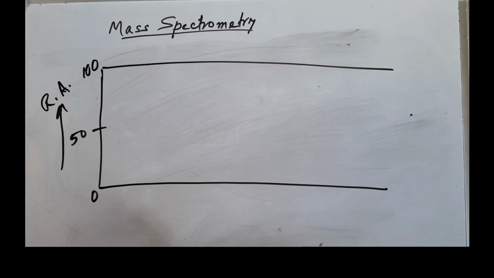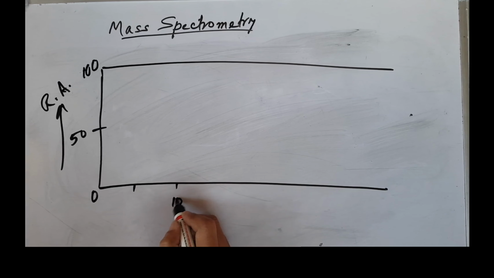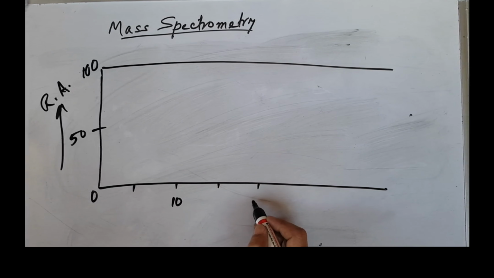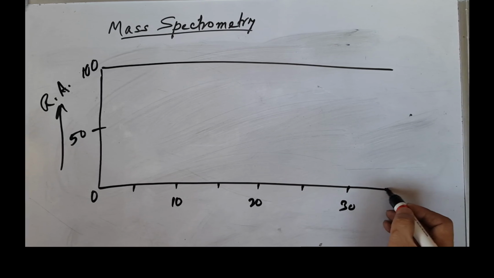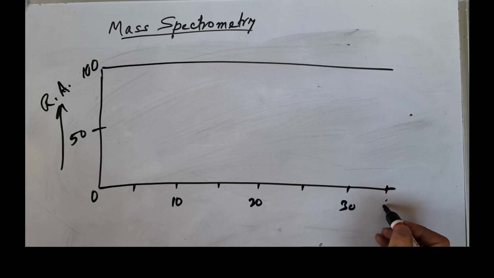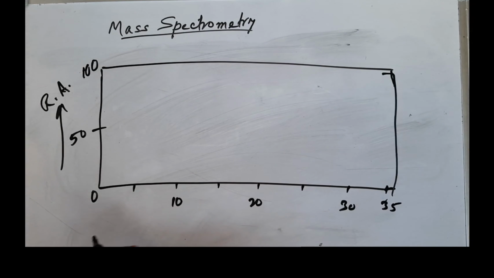Then the axis is 0, 5, 10, 15, 20, 25, 30, say 35 here. So the relative abundance will give the shape here.